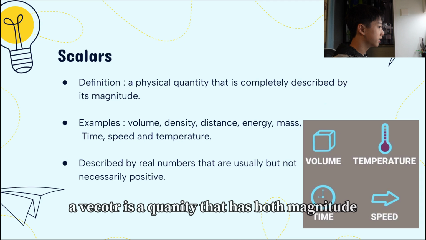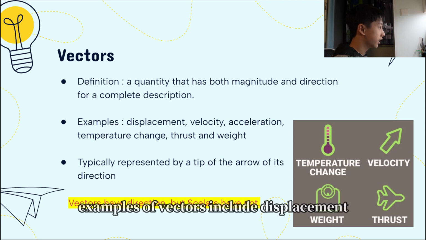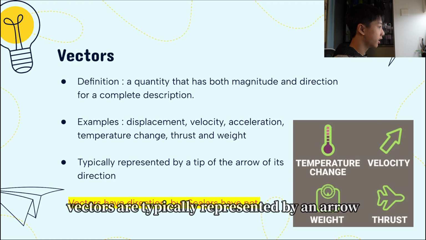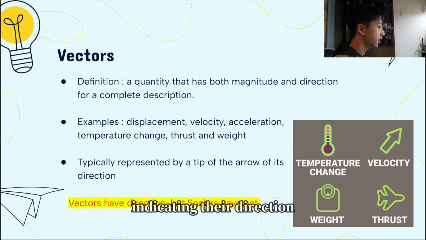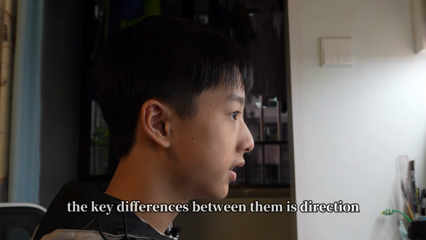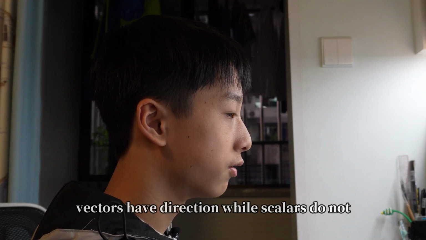A vector is a quantity that has both magnitude and direction for a complete description. Examples of vectors include displacement, velocity, and acceleration. Vectors are typically represented by an arrow, indicating their direction. The key difference between them is direction. Vectors have direction, while scalars do not.